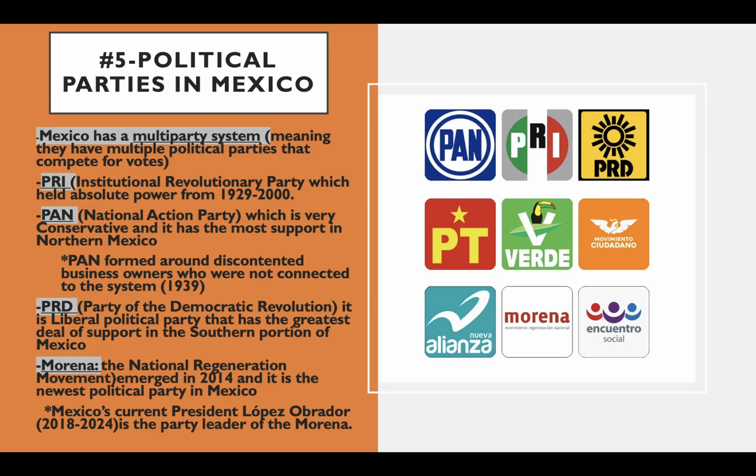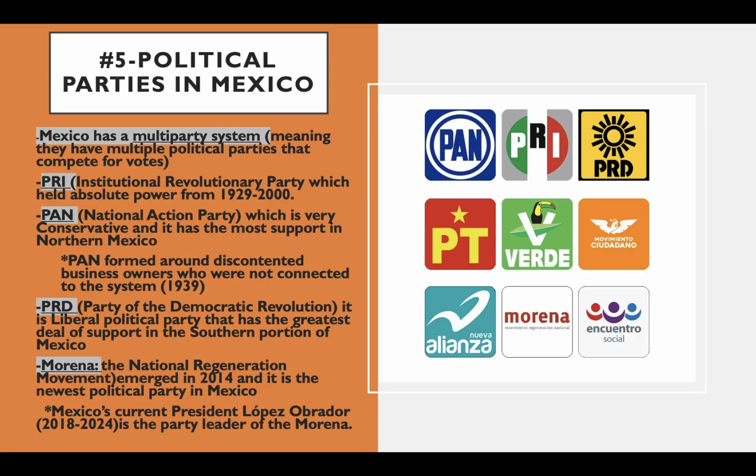When we talk about Mexican political parties, the election of 2000 ends the PRI. It will, for the first time, put the PRD party in power. I'm going to do 3 parties because I'm feeling confident. The PRD, or the Party of Democratic Revolution, will win the 2000 election.